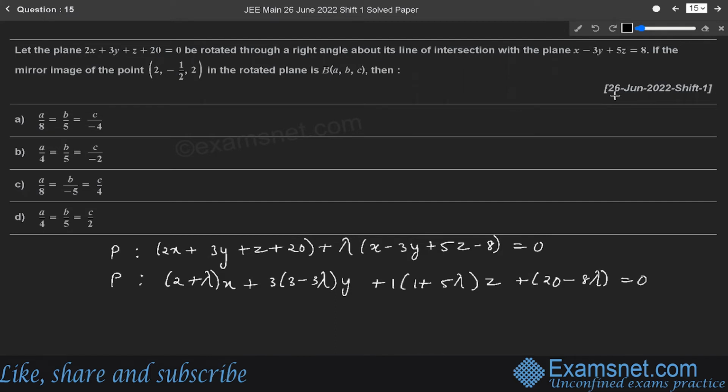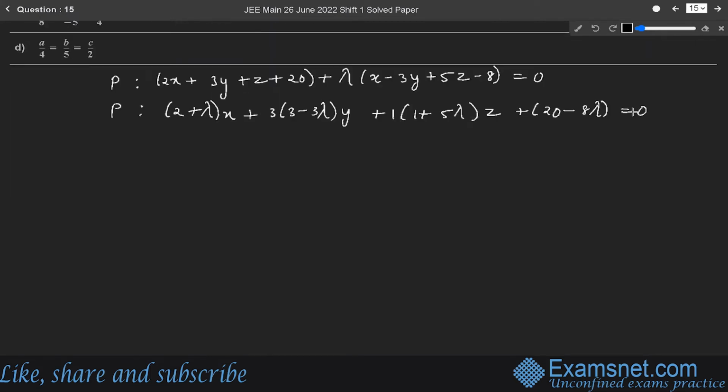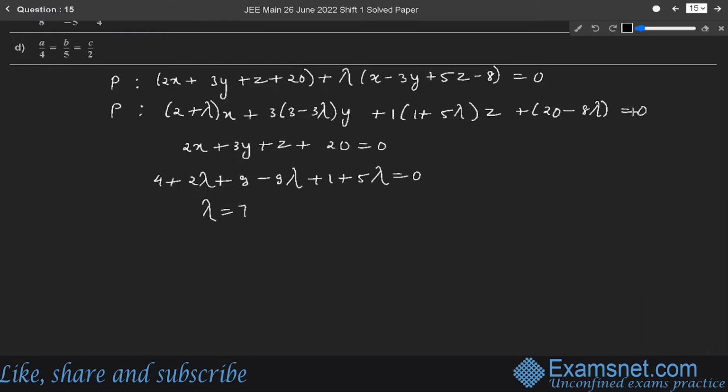Since we know that plane P is perpendicular to 2x + 3y + z + 20 = 0, we can write 4 + 2λ + 9 - 9λ + 1 + 5λ = 0. So λ will be equal to 7.